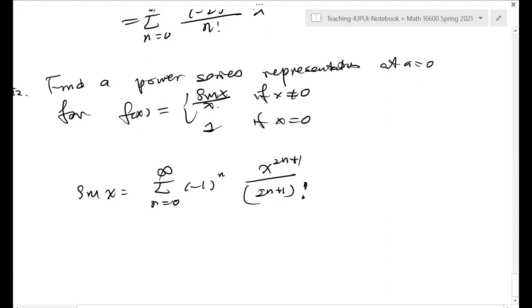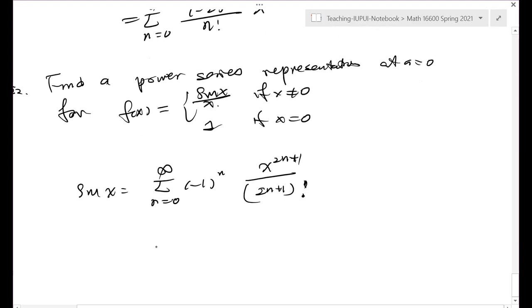And the first term is x, actually. It's going to be, when n equals 0, it's x. Okay. The second term is when n equals 1, that's x cubed over 3 factorial. The third term is x to the 5th over 5 factorial, and keep it going, right? And this holds for any x less than infinity.